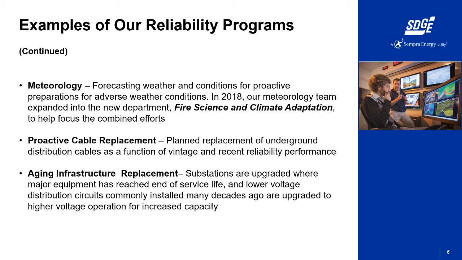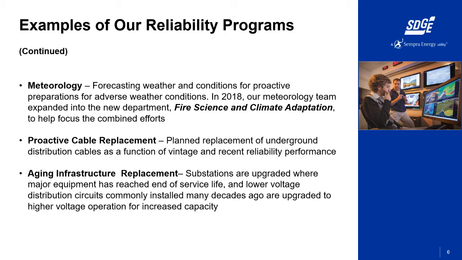After that, we have a very active, proactive cable replacement program, and this involves the planned replacement of underground distribution cables as a function of their vintage and their recent reliability performance. You should know our new distribution cables are installed with a manufacturer's warranty of 40 years, and the expected service life of the older cables is approximately 30 to 40 years.